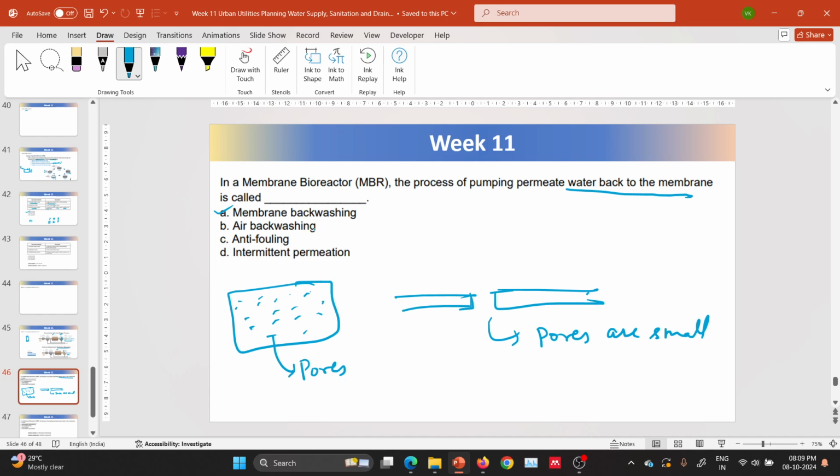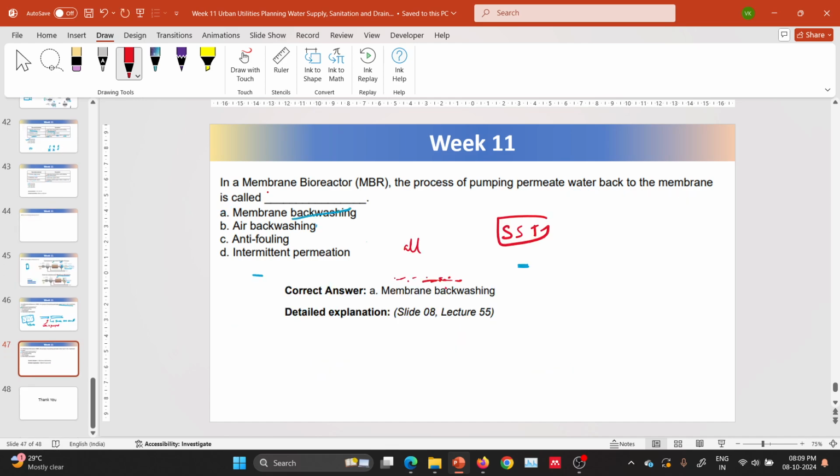It can be done through air backwashing, anti-fouling chemicals, like this. So when water is pumped back, then it is called membrane backwashing. And it can be done through air or some chemicals, or intermittently if we can use, then we can get less clogging. That is called membrane backwashing.